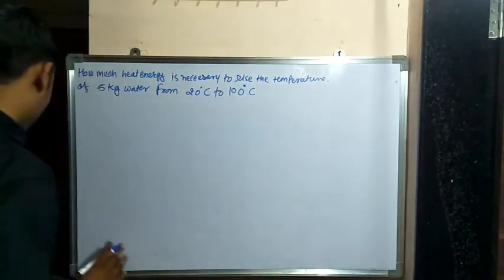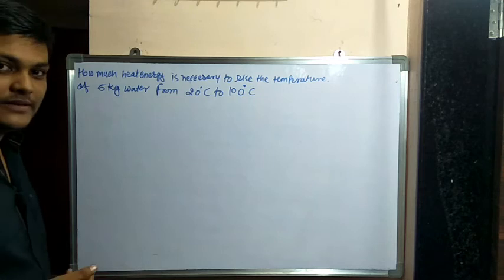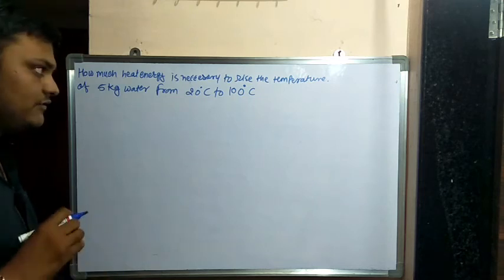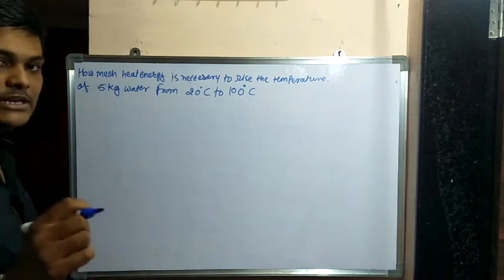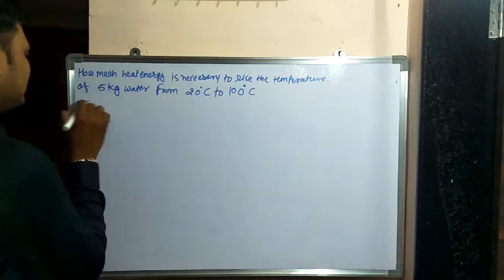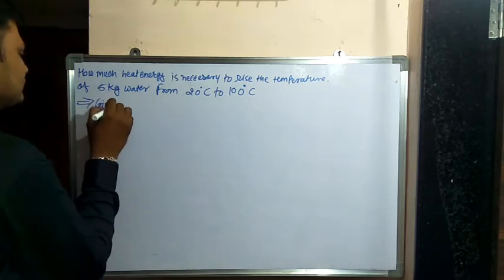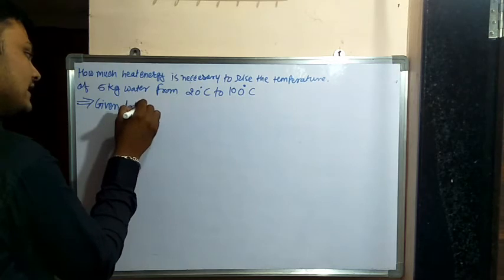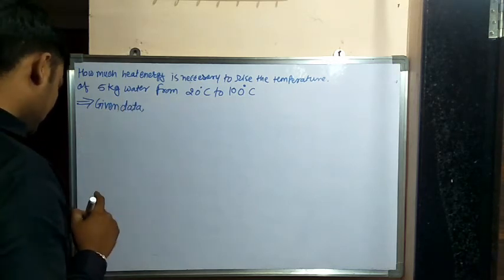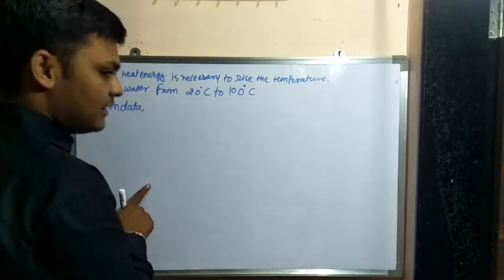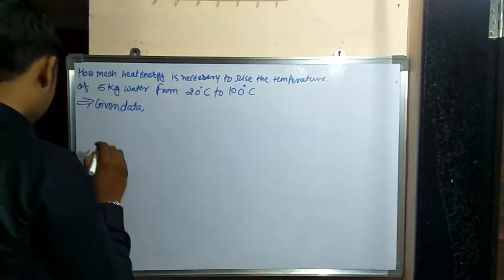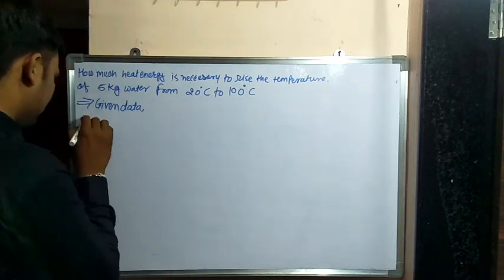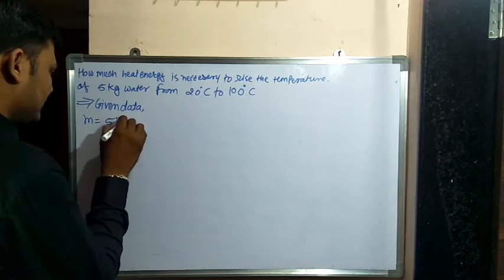Now as I previously told you beta, whenever a numerical is given, firstly you have to write down the given data, that is, the quantities given, in a table. So here mass is given: mass is equal to 5 kg.